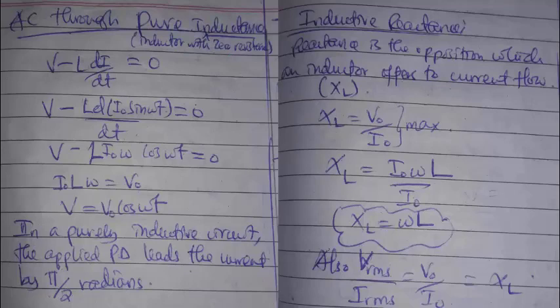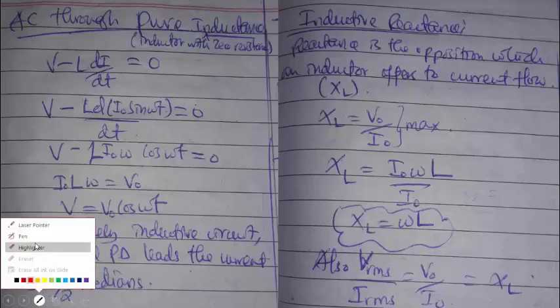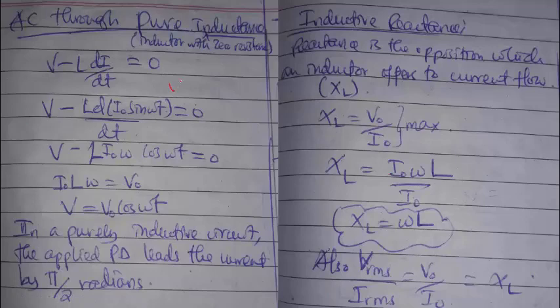So from the principle of electromagnetism, we know that the voltage produced by an inductor is equal to the inductance times the rate of change of current, according to Faraday's laws of induction. So finally, V minus L di/dt is equal to 0.